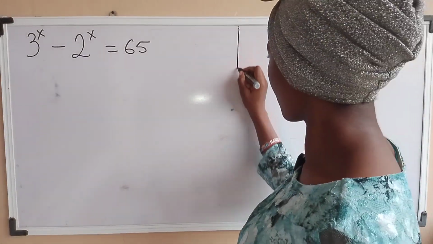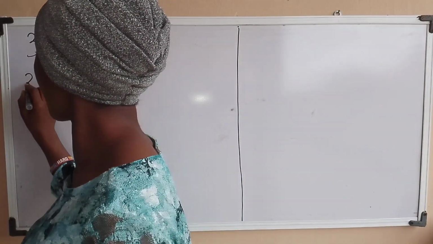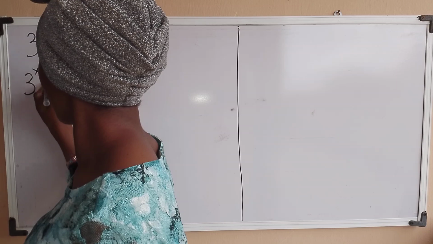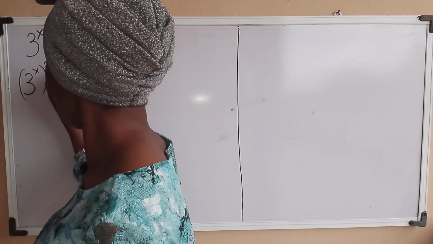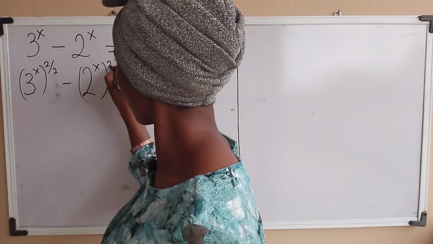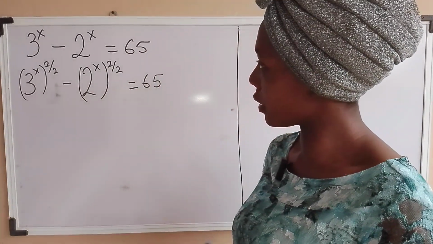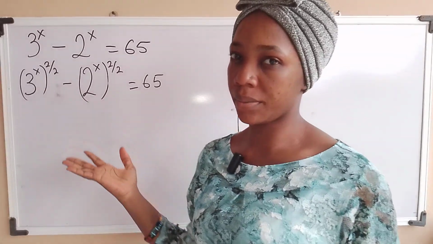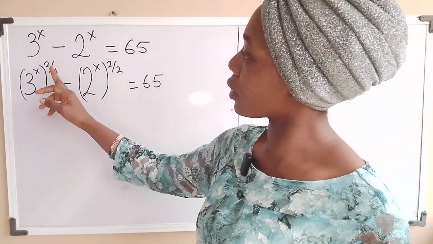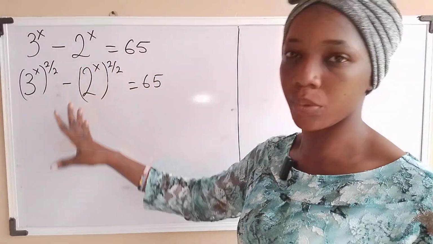All right, so what we're going to do first is to introduce a power. We'll introduce this power. We haven't done anything different right now because 2 divided by 2 is 1, and 1 times x is still x, so the equation is still the same.